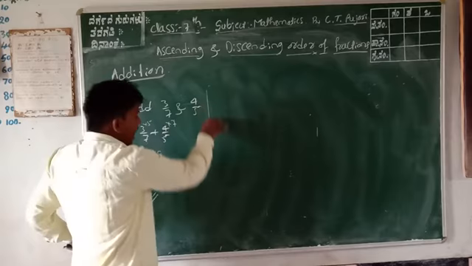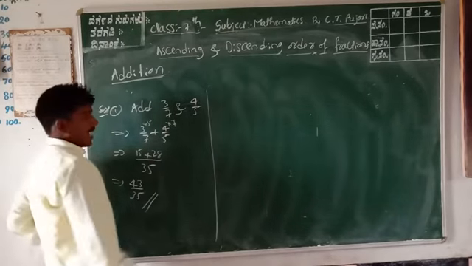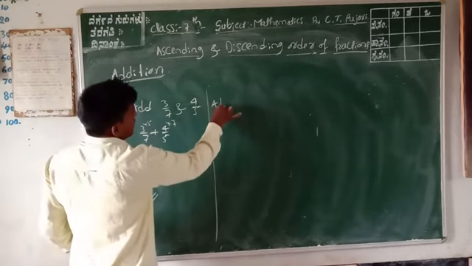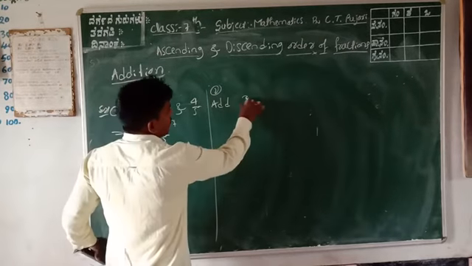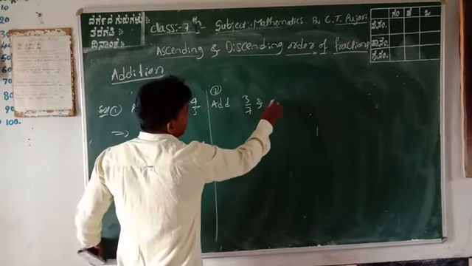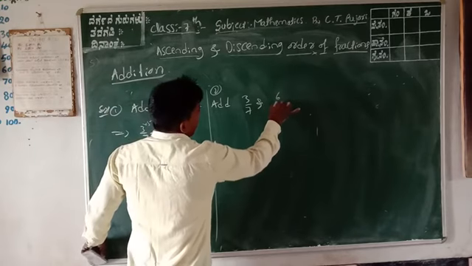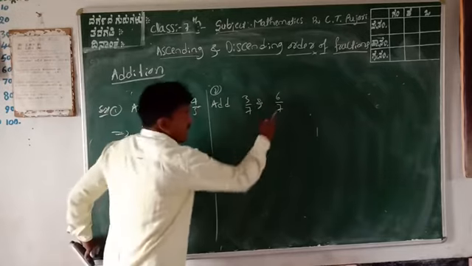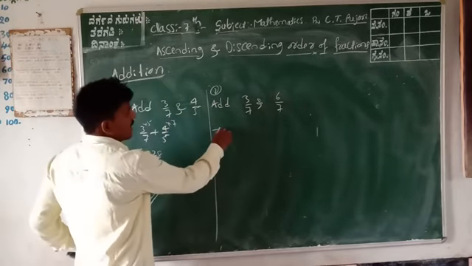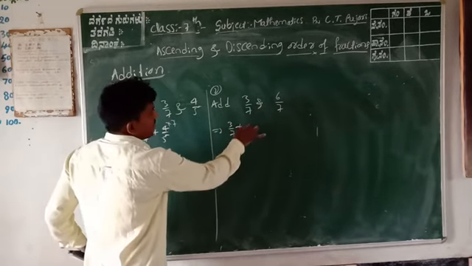But what about the same denominator? Example number 2: add 3 by 7 and 6 by 7. Therefore, the denominators are the same. The addition is 3 by 7 plus 6 by 7.